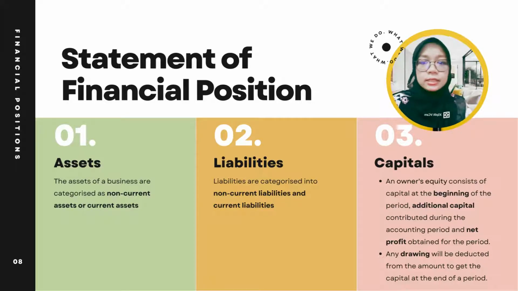Assets are the assets of the business that can be categorized as non-current assets or current assets. Non-current assets, for example, properties, car, computer equipment, are the ones that cannot be converted to cash within a year.